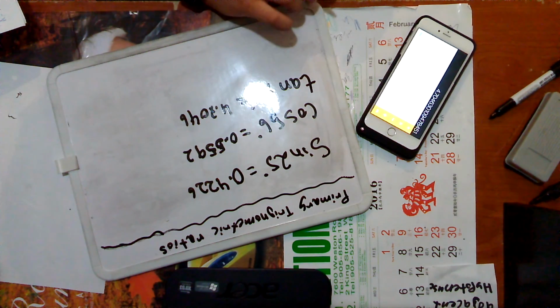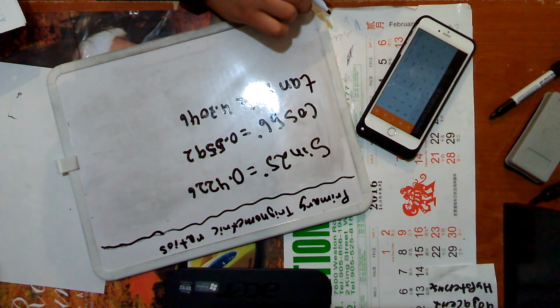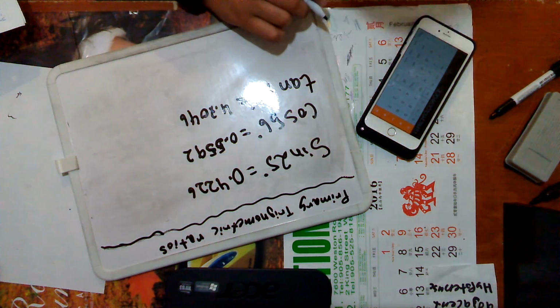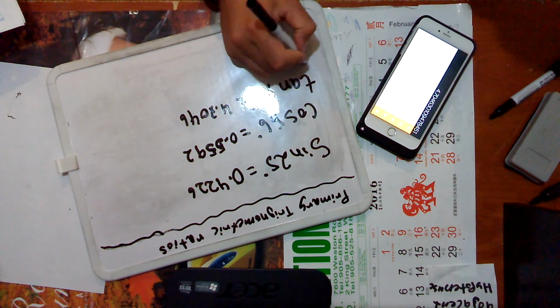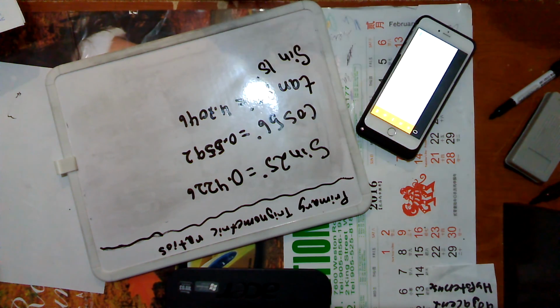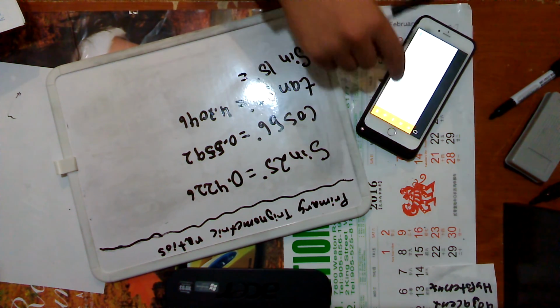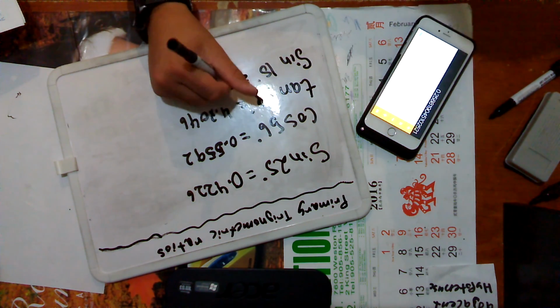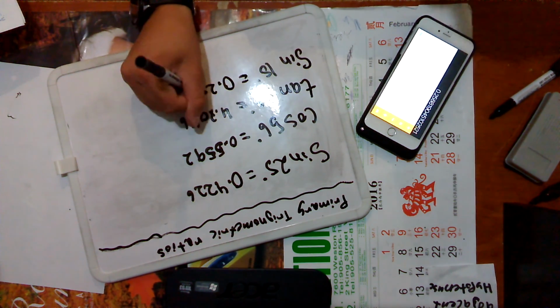I want to give one more example. Sine of 15. So we're going to do 15 sine, you should get the hang of it right now: 0.2588.